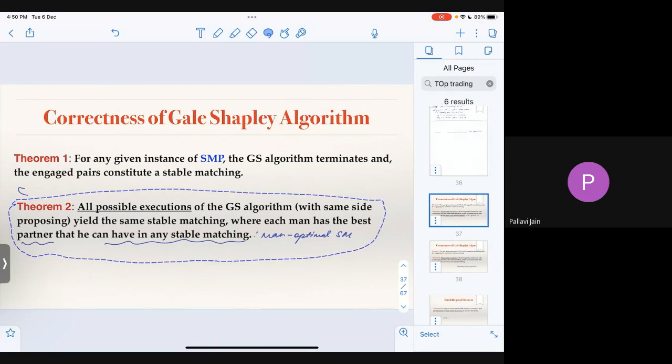If the instance has at least two different stable matchings, the one that gives the best outcome for the men is the one that will result from the man-proposing Gale-Shapley. There's also this other matching: if you did the Gale-Shapley algorithm from the women's side, the stable matching that would emerge is the woman-optimal stable matching.